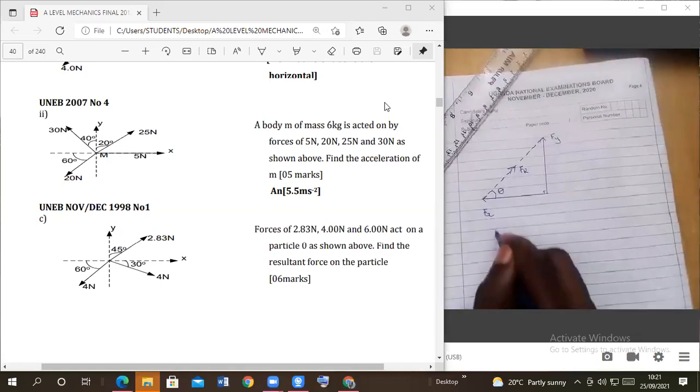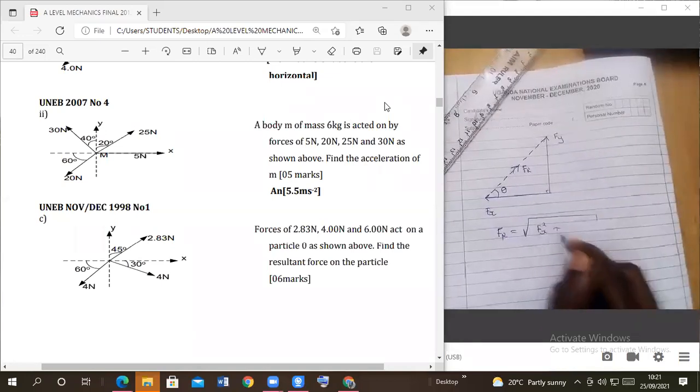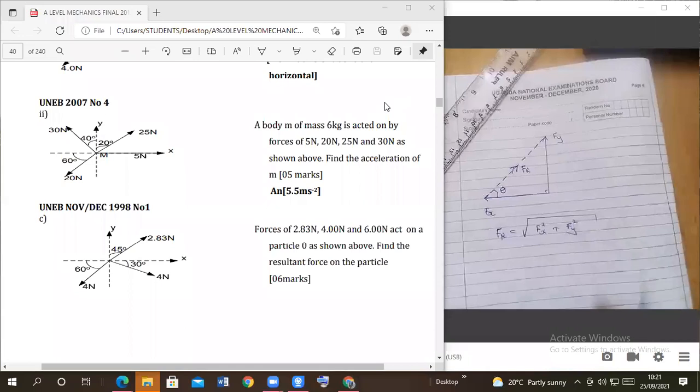So our Fr is equal to the square root of, don't forget to write the formula, don't just quote it, Fx squared plus Fy squared.